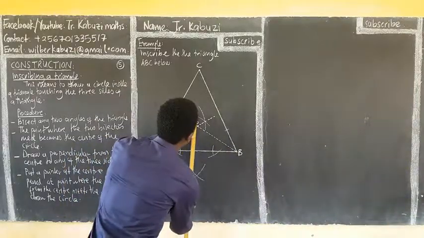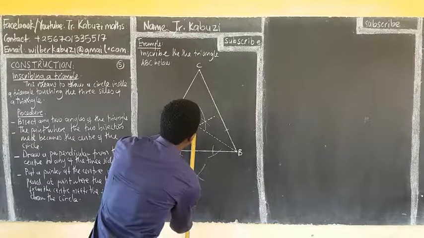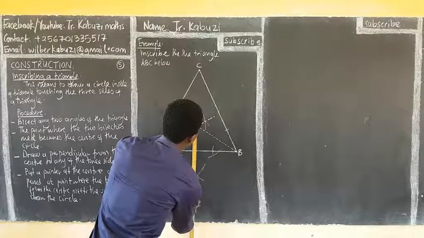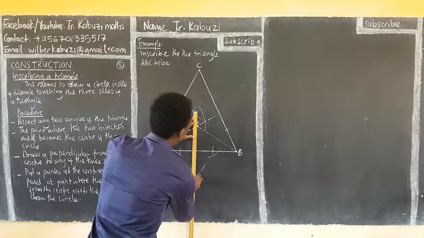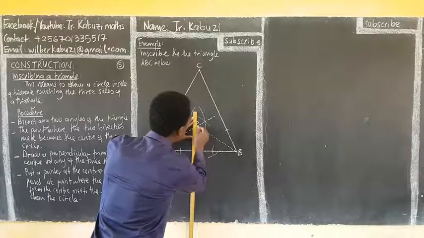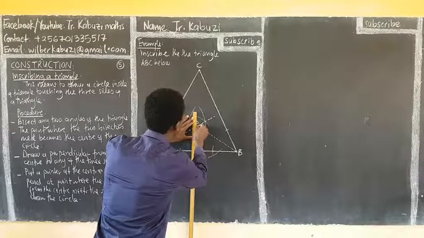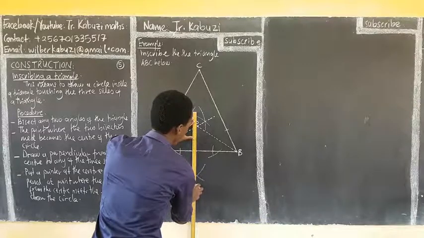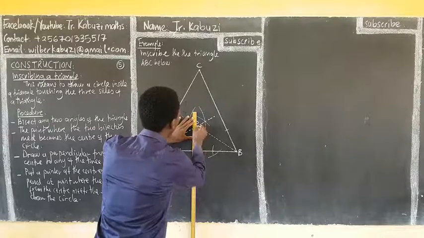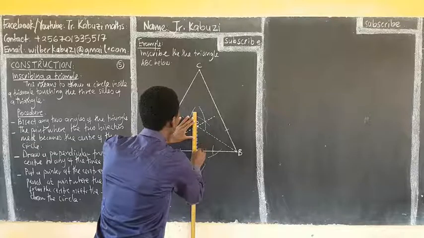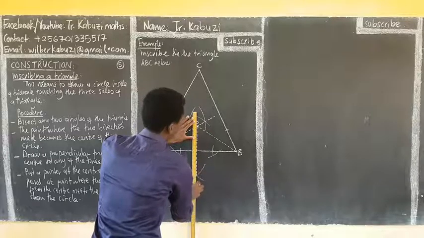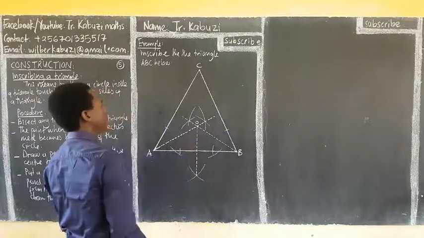So I join my center there to that point, to the point of intersection here. So from here, now we join to this with dotted lines. For drawing this perpendicular, you're also going to see the mark.